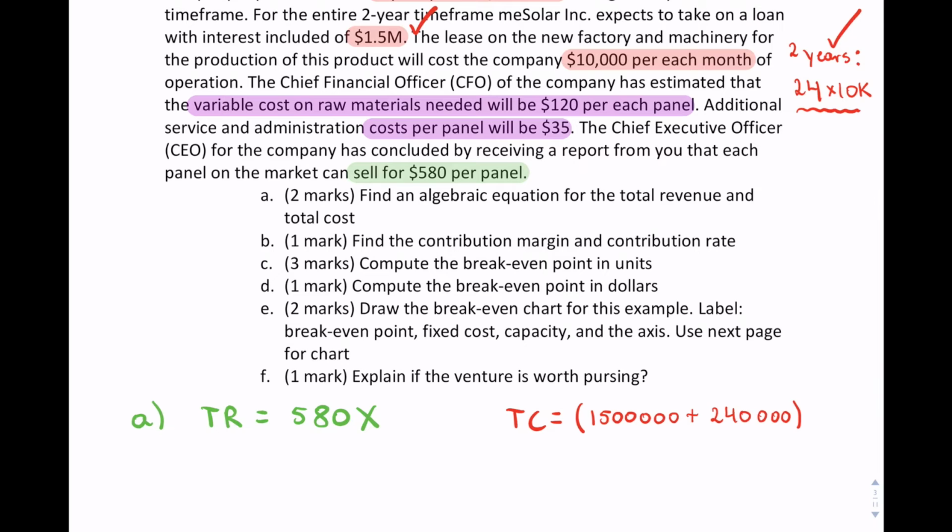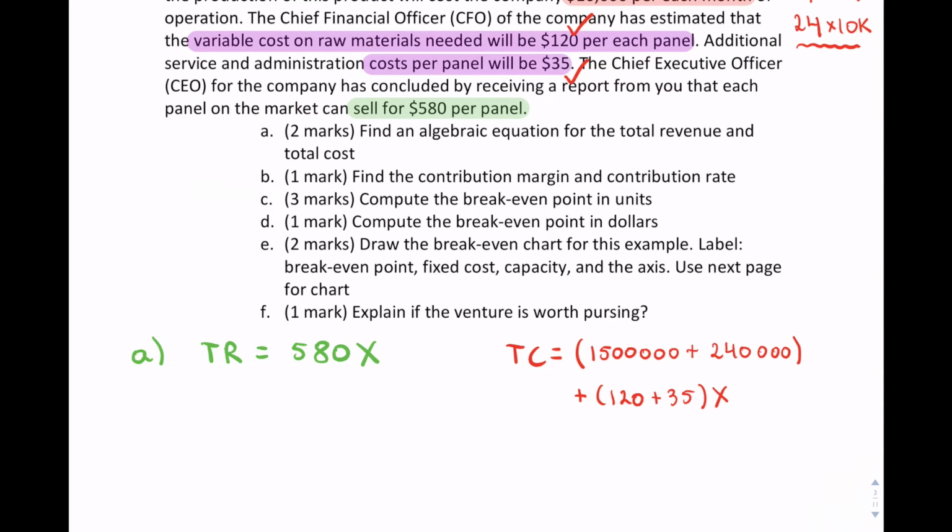Plus our variable cost. That was 120, right here, plus 35, and then that's times X. If I write it out, I can now multiply everything and add.